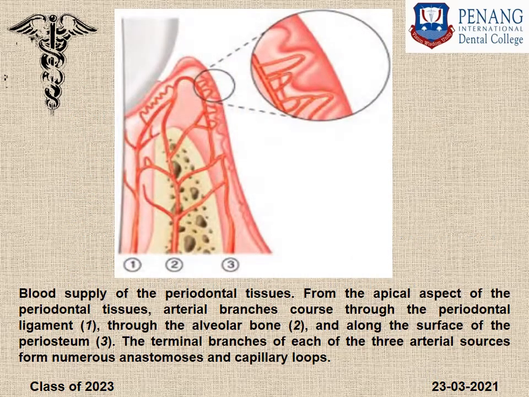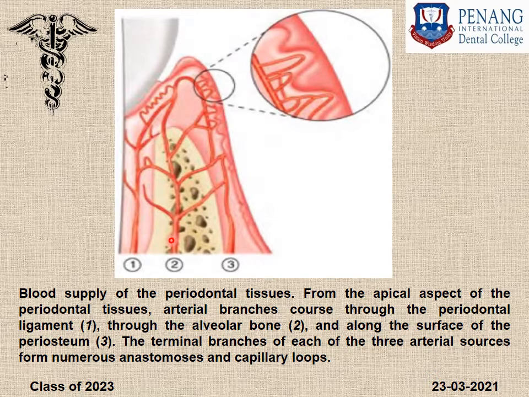So coming on to the blood supply of periodontal tissues. Generally it starts from the apical aspect of the periodontal tissues. The arterial branches cross through the periodontal ligament, through the alveolar bone, and the third one is along the surface of the periodontium.